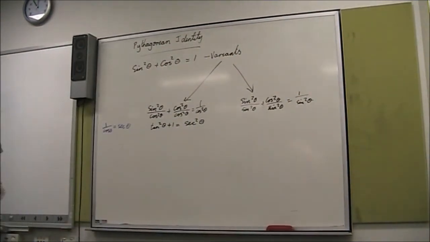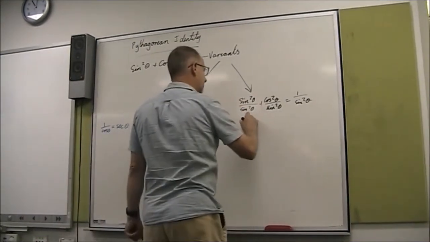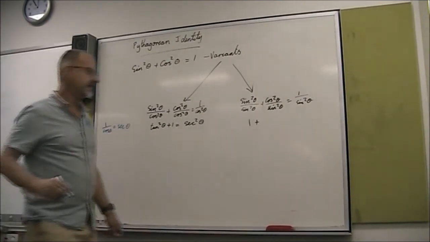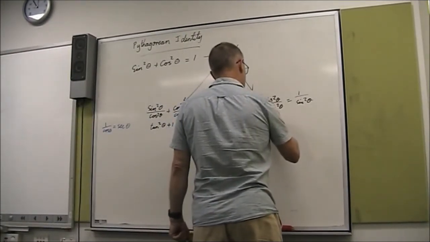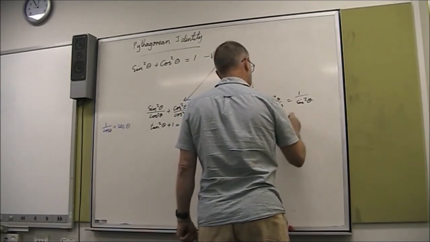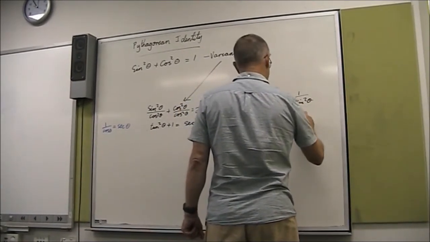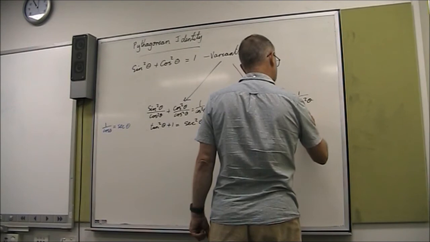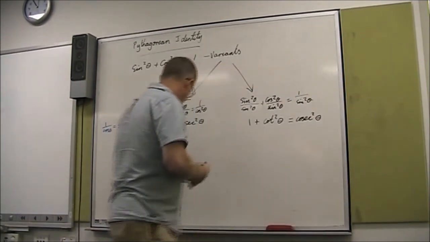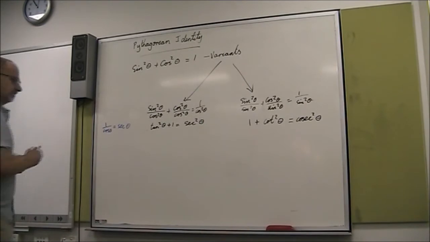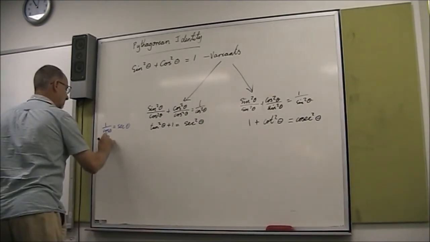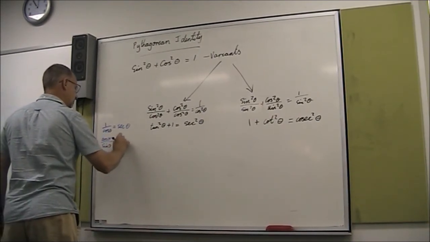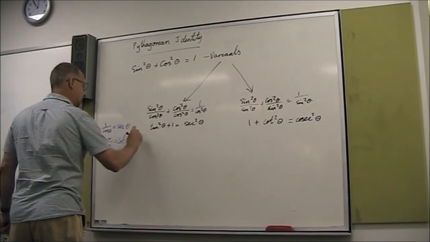And so when you rewrite that, sine on sine is 1, cos squared on sine squared. Whenever you have cos on sine, it's called cot. And then 1 on sine is cosec. So cos theta over sine theta is cot theta, which is also incidentally 1 over tan.